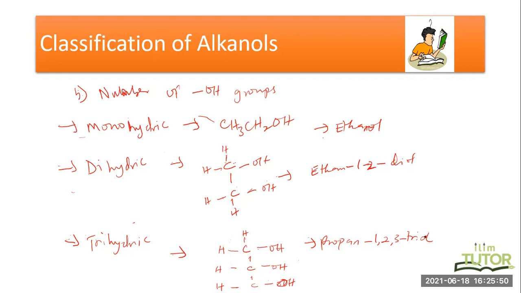The second scenario is based on the number of hydroxyl groups present. Only one OH is monohydric. If I have 2 OH, that is dihydric, and the name will also reflect that, 1, 2 diol. The case of 3 is trihydric, and the name will reflect that as 1, 2, 3 triol.